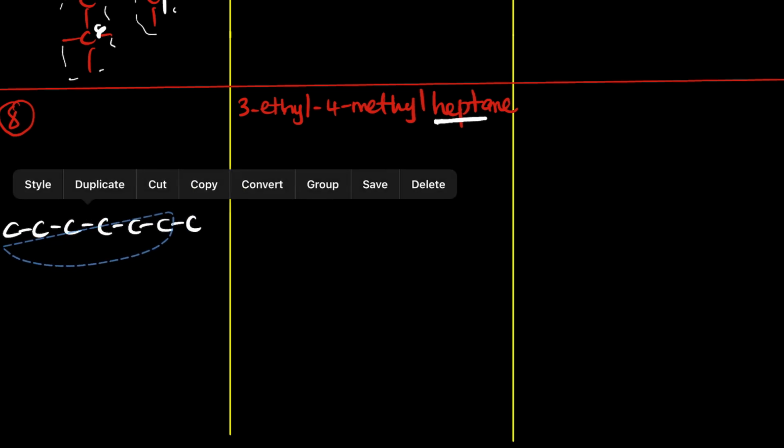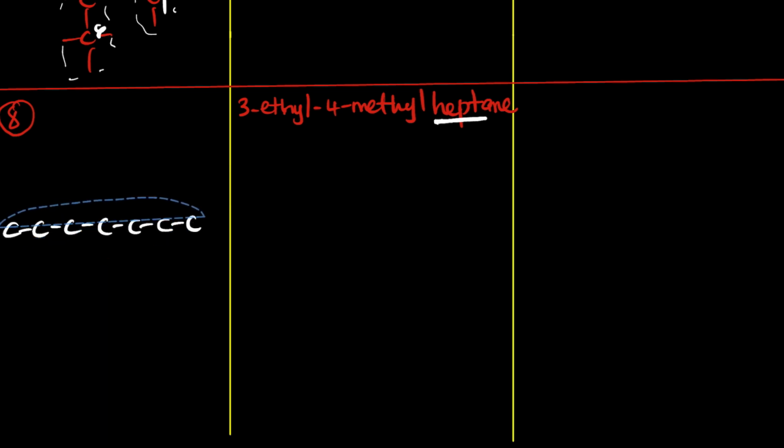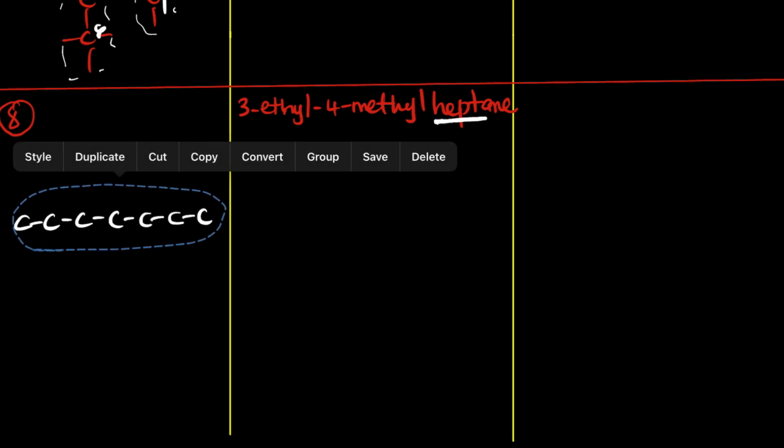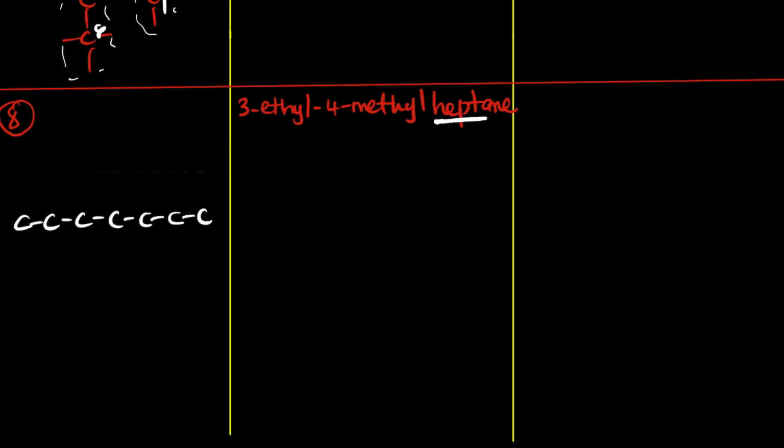Yeah. It's 7. That means it's hept. It's going to be 7 carbons, right? And then your first carbon can be this or it can be this. Depends on you. You can number 1, 2, 3, 4, 5, 6, 7, or 1, 2, 3, 4, 5, 6, 7. You have a choice on this side.